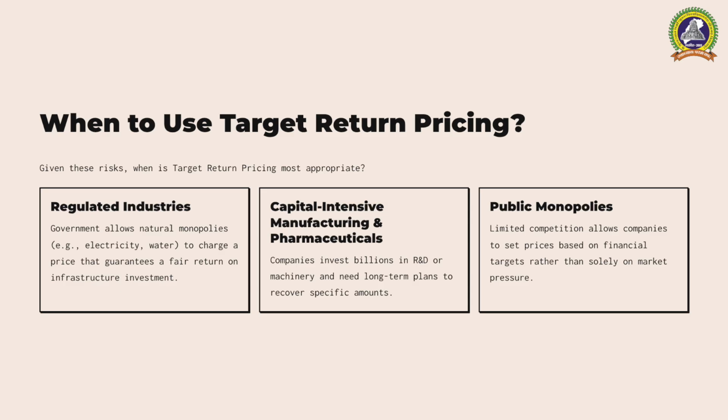It is also used in capital intensive manufacturing and pharmaceuticals where companies sink billions into R&D or machinery and need a long term plan to recover that specific amount. And finally, in public monopolies, where competition is limited, companies have the luxury of setting a price based on their financial targets rather than market pressure.